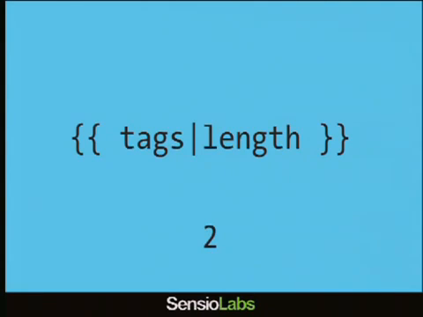I'm not going to show you all the filters we have, but this one is kind of interesting because it really says a lot about the philosophy of TWIG and how we try to add new features to TWIG. So here I want to display the number of tags we have. So I use the length filter. Pretty simple. The cool thing is that you can also use the length filter for a string, right?